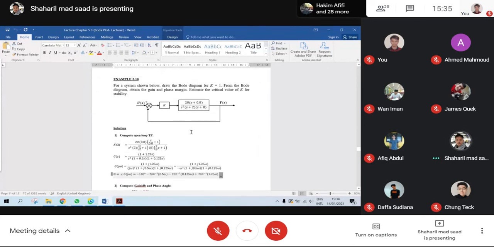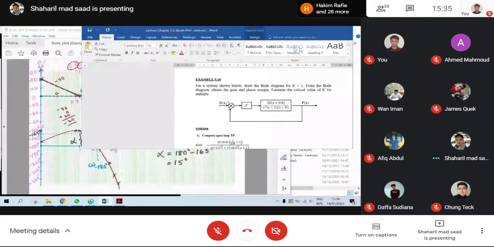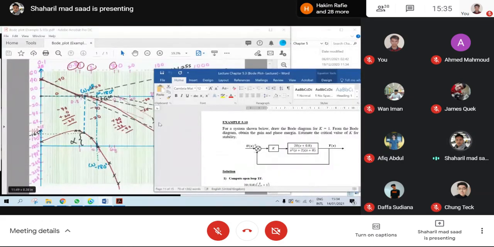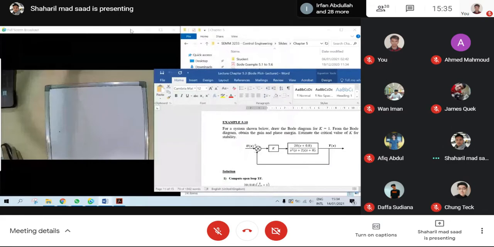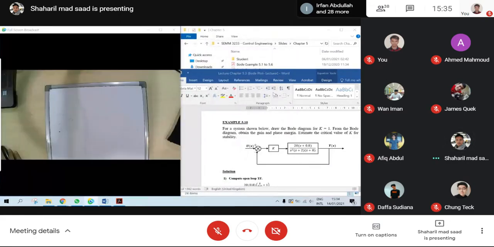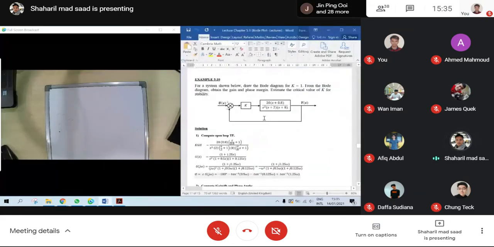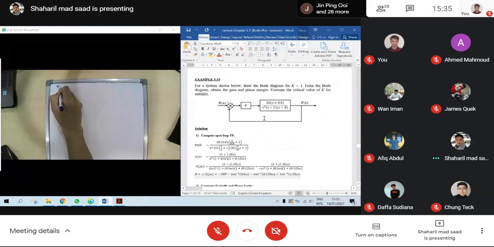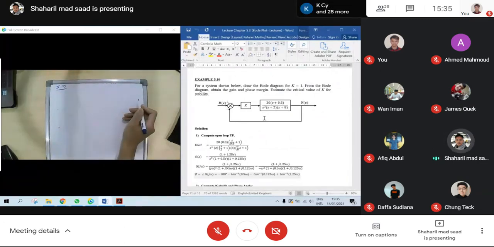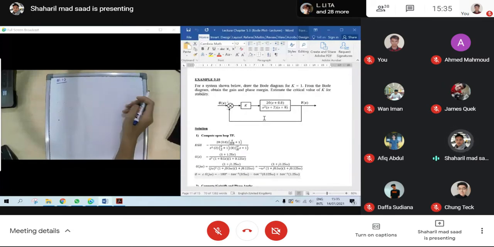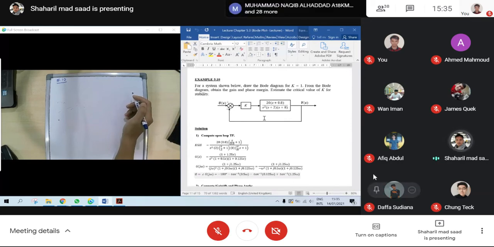Let's do this. We have done this before. Let's go back to example 5.0 here. For the system shown below, draw the Bode diagram for K equal to 1. From the Bode diagram, obtain the gain and phase margin, and estimate the critical value of K for stability.